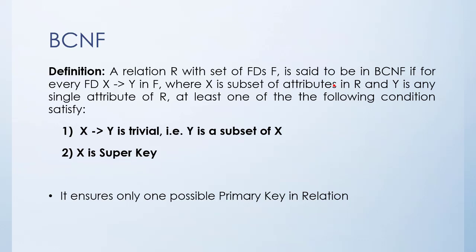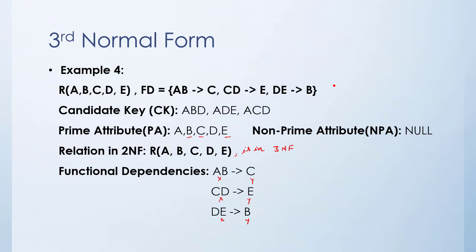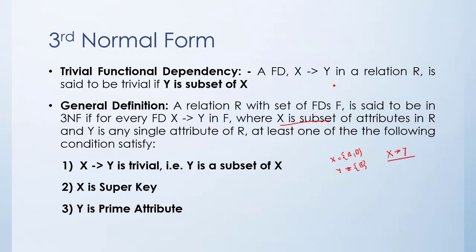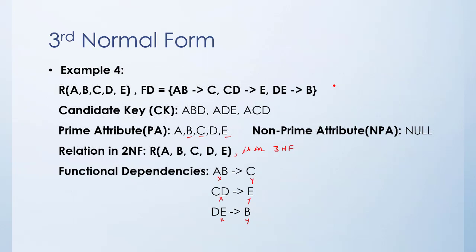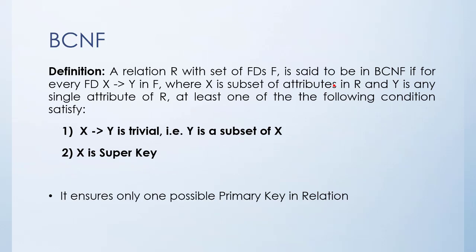What are the following conditions? X determines Y is trivial, or X is a superkey. There is no scope for Y to be a prime attribute, which is available in 3NF. So the third condition has been removed from the definition of BCNF.